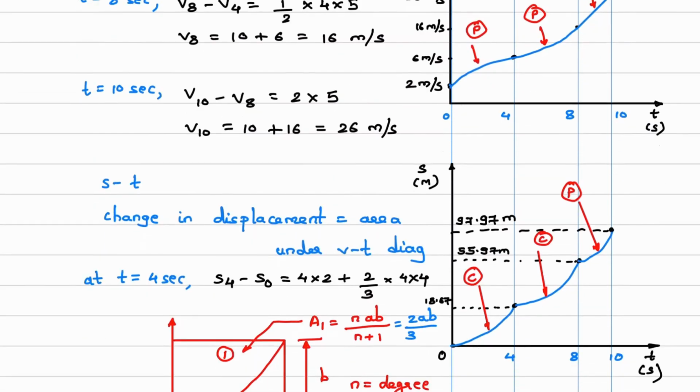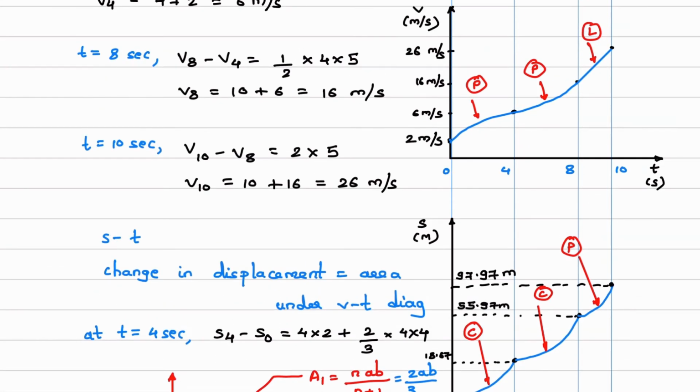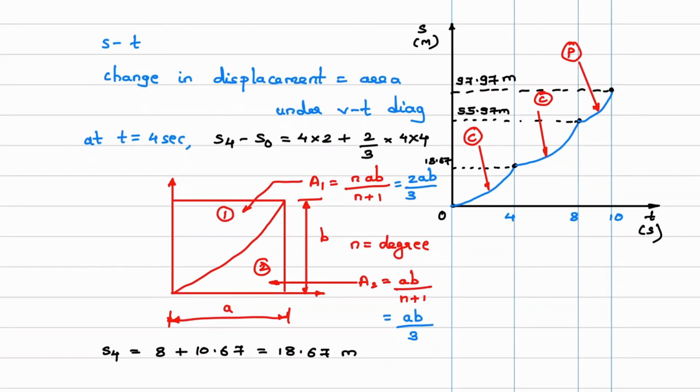Next was the ST diagram. So we used the VT diagram to draw the ST diagram. So what equation do we have to write? Change in displacement is area under the VT diagram. For this we had seen a small concept about area. If this is the axis given and this is the curve, what will be this area 1?